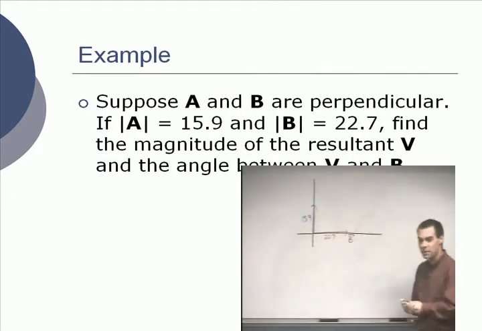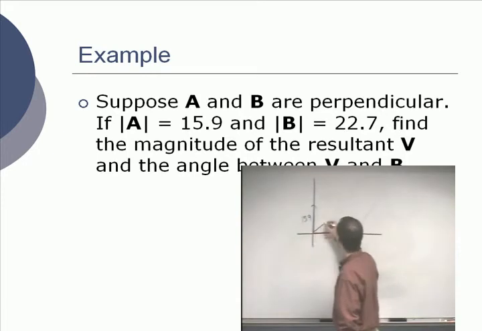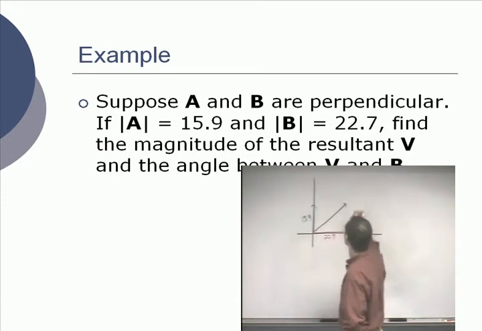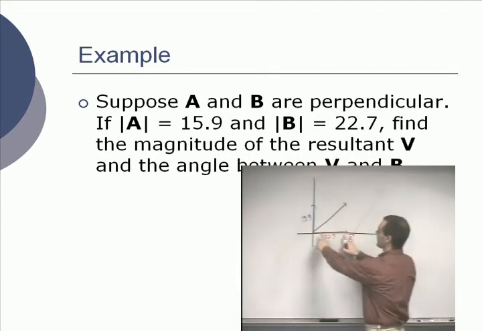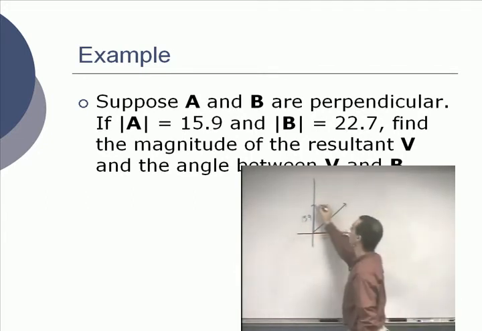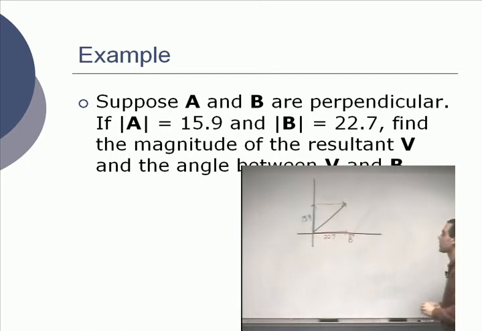Again, we don't have to draw them on the Cartesian plane as long as we draw them perpendicular. The resultant is going to be up there. This time I'm going to take vector B and move it, we move the horizontal one. We could move either one. We can move both if we wanted to.